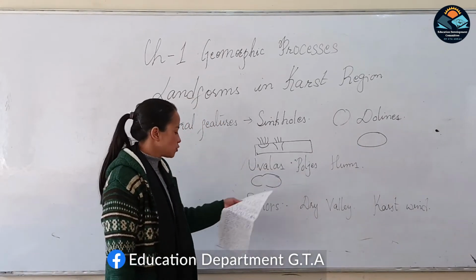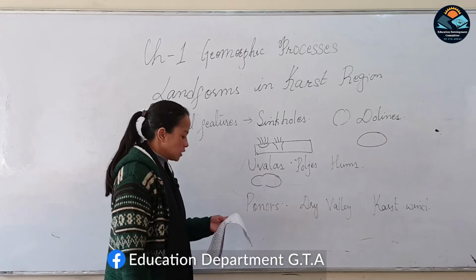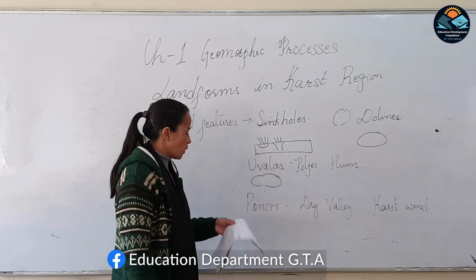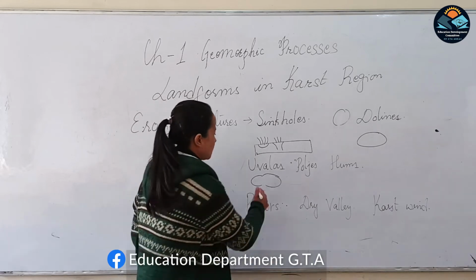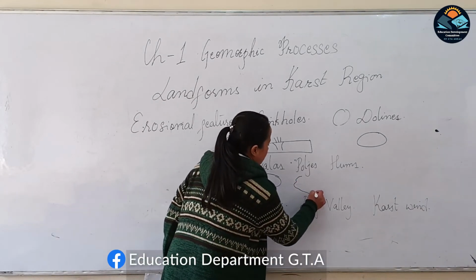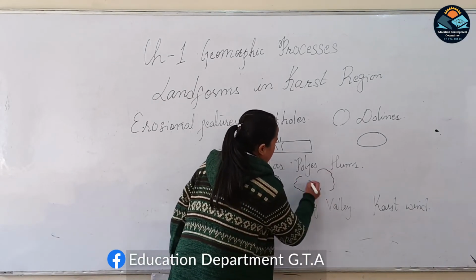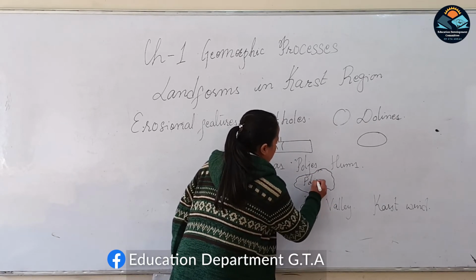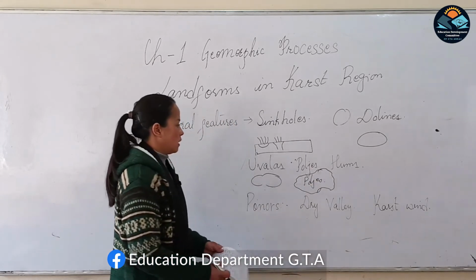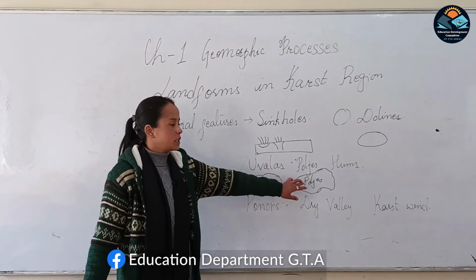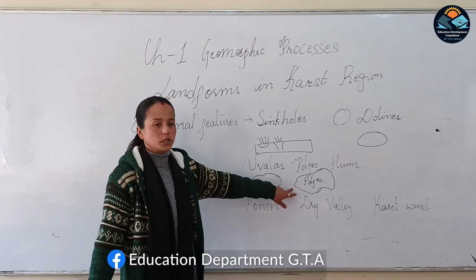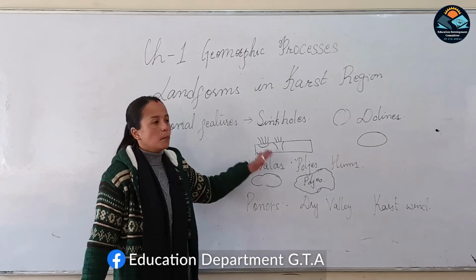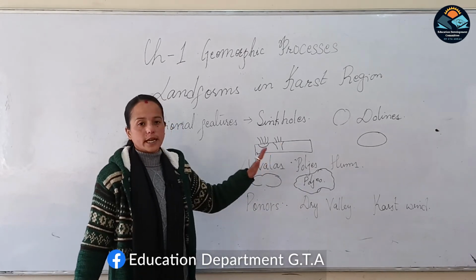Next one is the polje. When many uvalas, big holes, join together, they form poljes. These are very big holes present in the limestone region. So all are holes, but the only difference is their size.